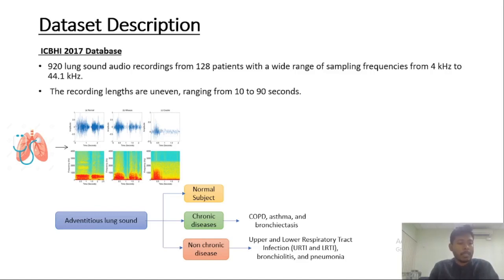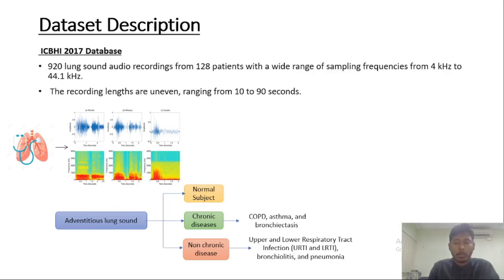So basically for the implementation part, we are focusing on the database called ICBHI 2017. It's a challenge database which contains 920 respiratory sound audio recordings from 128 patients with a wide range of sampling frequencies.